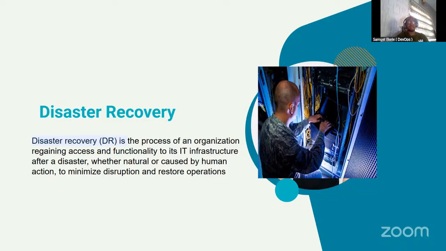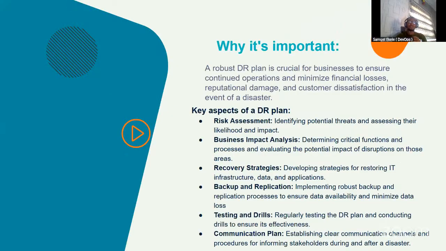So this plan, you put them into your application. Why is that important? If you have a good disaster recovery plan, it helps you ensure continued operation and minimize financial losses, and also your reputation before your customers will not be damaged, right?